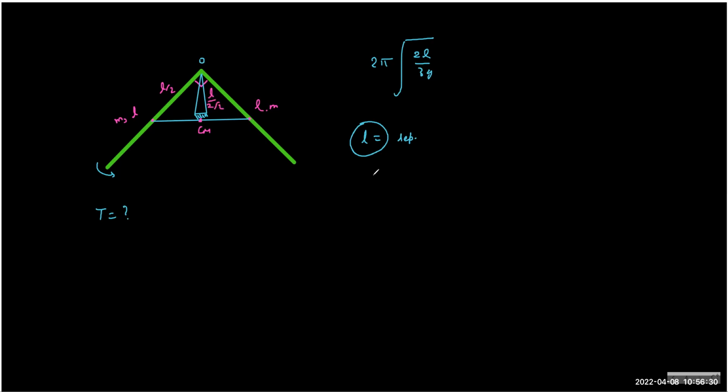So basically, the L in this formula, the length of the pendulum, is L by 2 cos 45. Do you realize this?